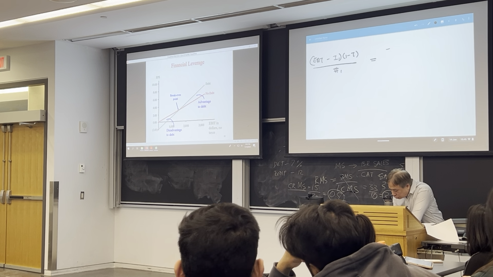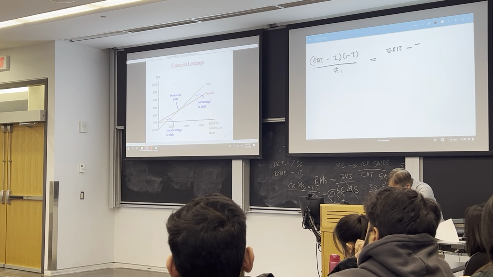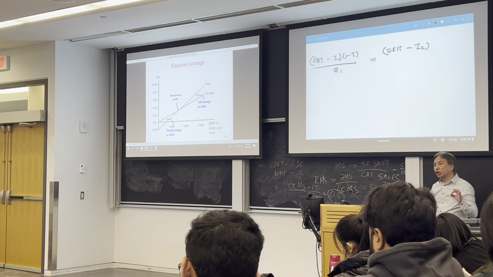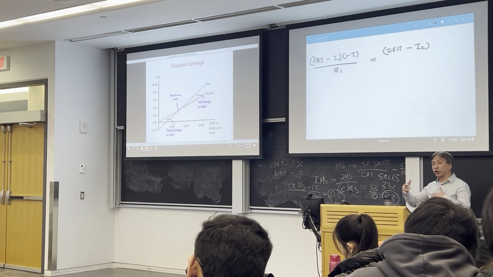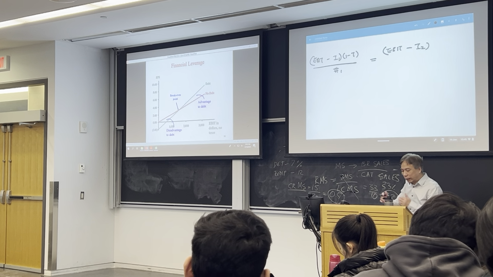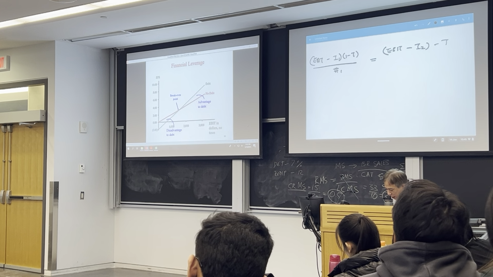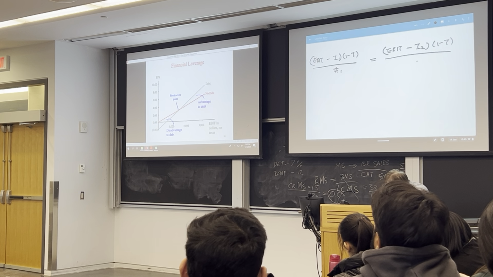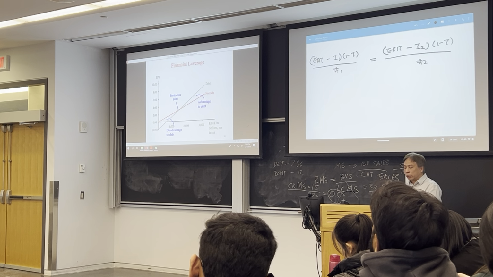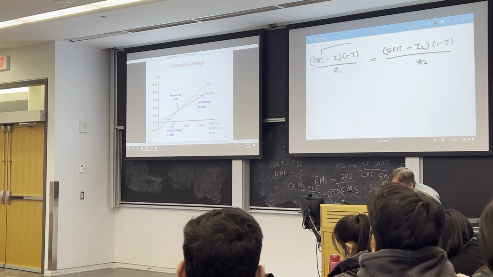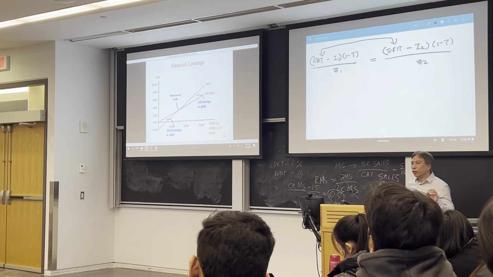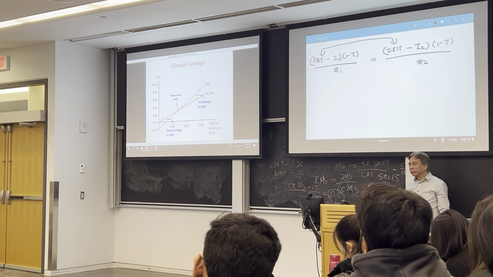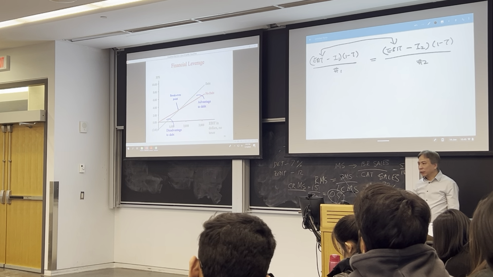You want to make it equal to EBIT minus interest payment 2, because you have a different level of debt, so your interest payment will be more or less depending on whether you borrow more or less. Then minus tax, and divided by number of shares outstanding 2. So your job is to determine what EBIT will make the two the same.